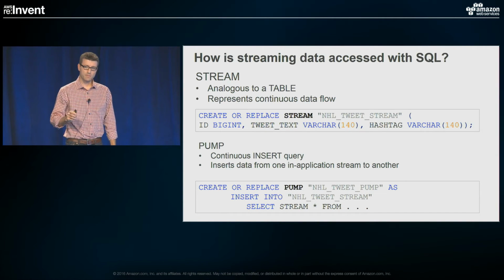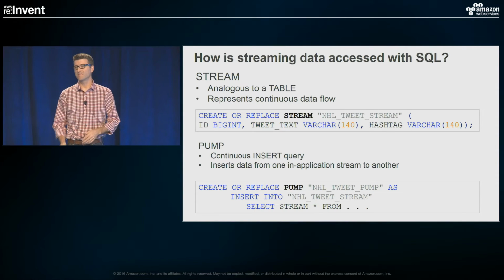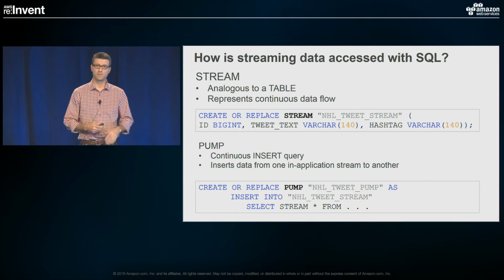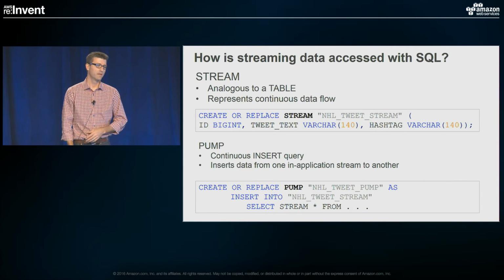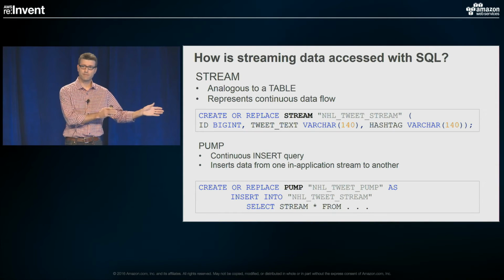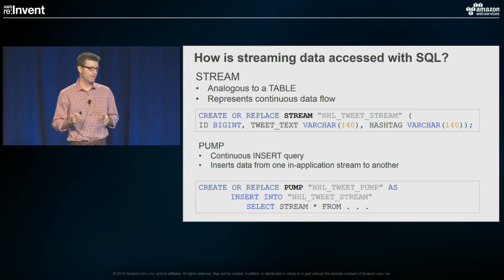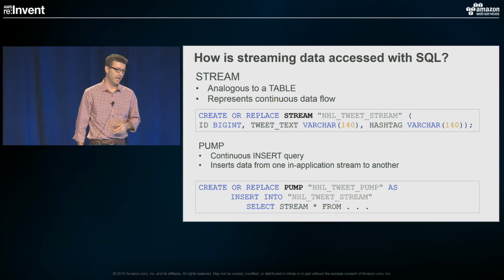But because it's a stream, it's not static data. Right? If you have a table in a relational database, it's generally static. Of course, you can do inserts and updates, but it's generally static. The difference being with Kinesis Analytics, the stream is always changing. I've got data flowing through my system, and I need to figure out how do I populate that table or that stream with data that's always changing, and that's what a pump does.